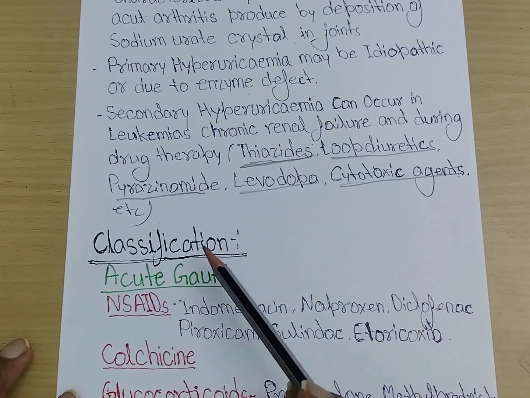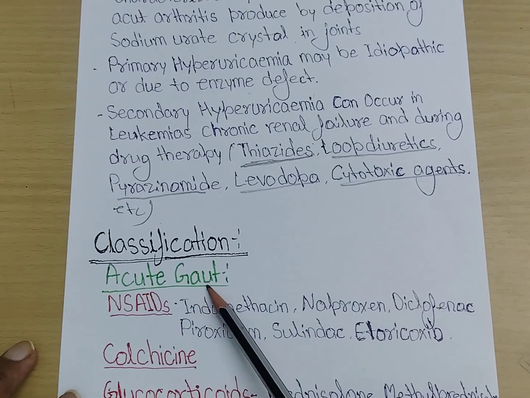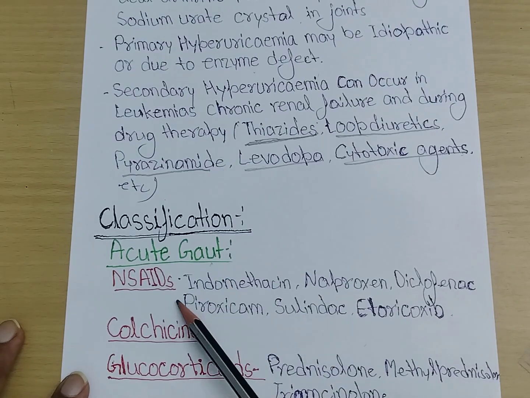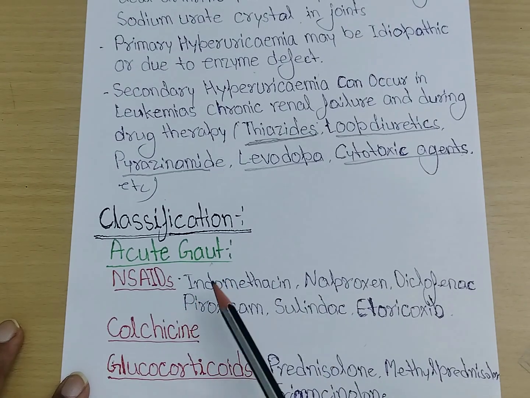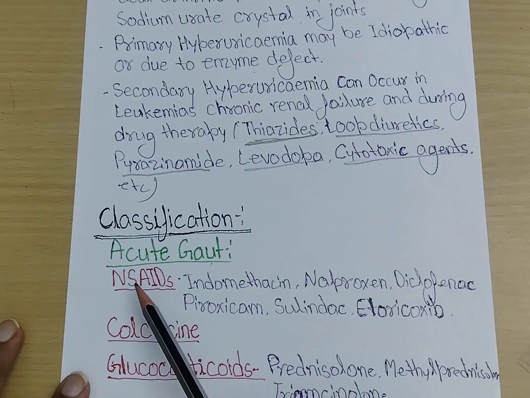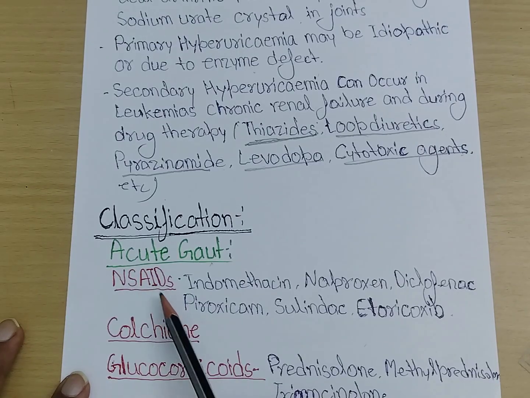Classification of gout: acute gout. Here we use mainly three classes of drugs: NSAIDs, non-steroidal anti-inflammatory drugs.